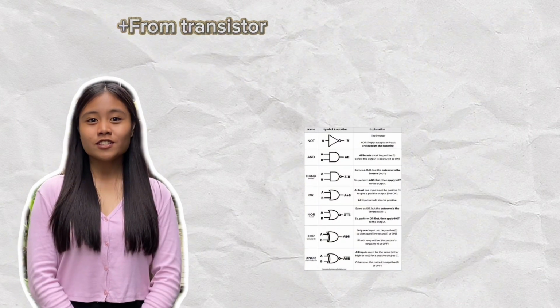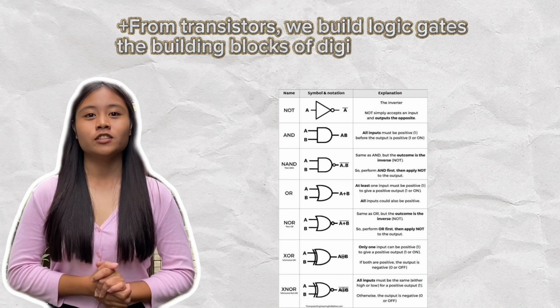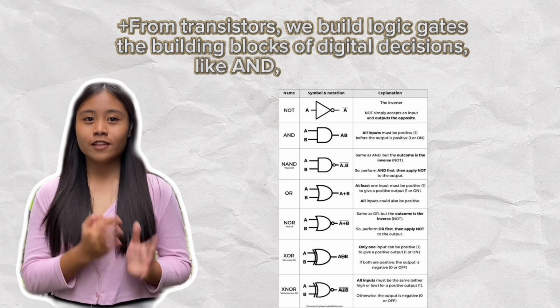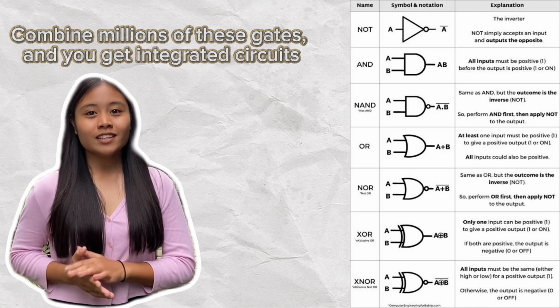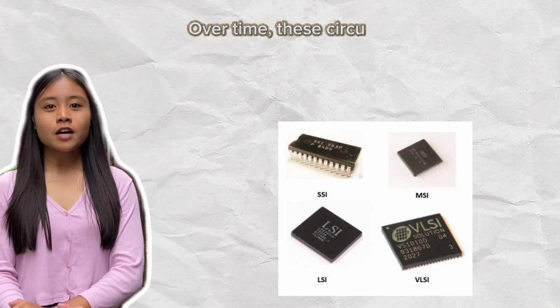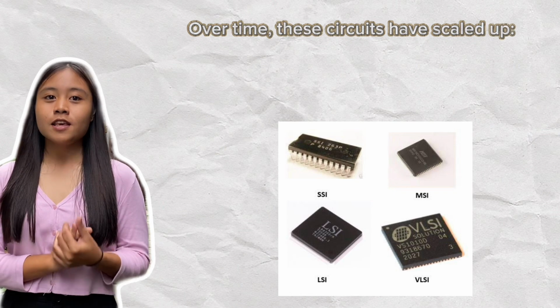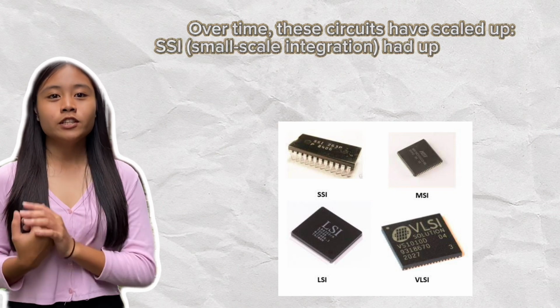From transistors, we build logic gates, the building blocks of digital decisions like AND or NOT. Combine millions of these gates and you get integrated circuits. Over time, these circuits have scaled up. First, SSI, or Small Scale Integration, had up to 100 gates.